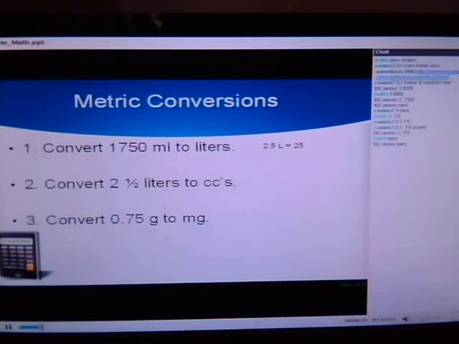So 2.5 L's equals how many cc's, or how many milliliters? 2,500, right? Because 1 cc is 1 milliliter.